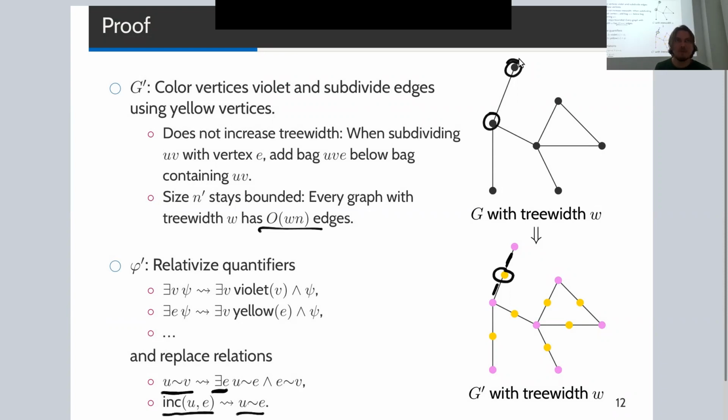Why does N prime remain bounded? I see that it's bounded, but why do we need to talk about the bound in terms of the tree width? Let's say it would not stay bounded, so suddenly our graph had a quadratic number of vertices. Would that be a problem?